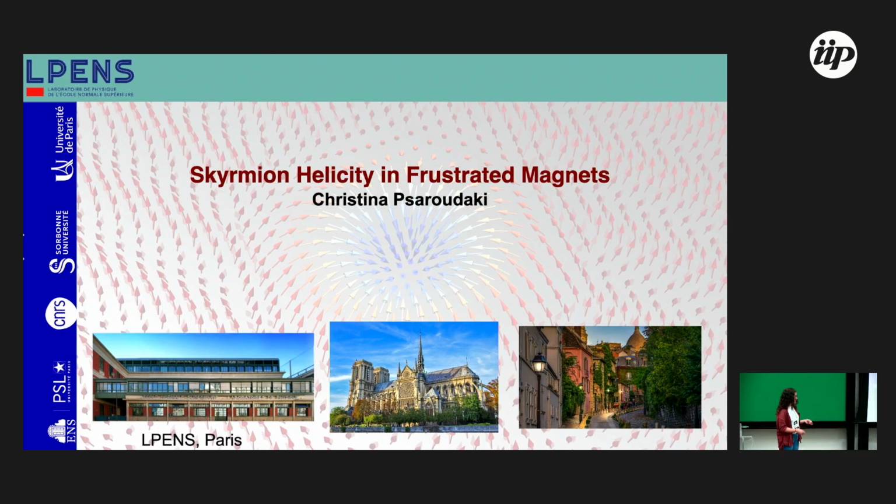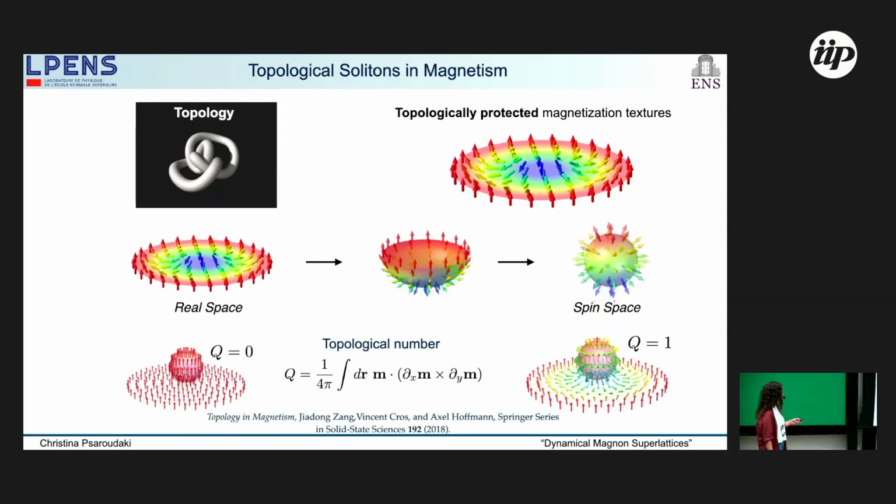So this talk is about magnetic skyrmions, which is a very beautiful application of topology in condensed matter. These are textured quasi-particles like the one you can see here, where the spins at the center of the skyrmion point in the opposite direction to the ones in the ferromagnetic background. There is one straightforward way to classify them and find their topology, where we go from a mapping from real space of all the spins into the spin space.